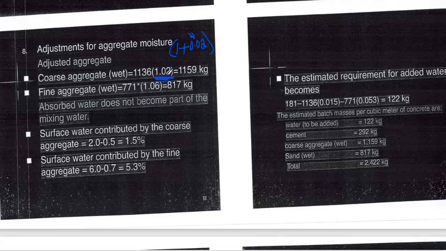If you do not consider the moisture content, you will use 23 kg less aggregate. And if you consider this 2% of moisture content, 23 liters of water you are going to add.